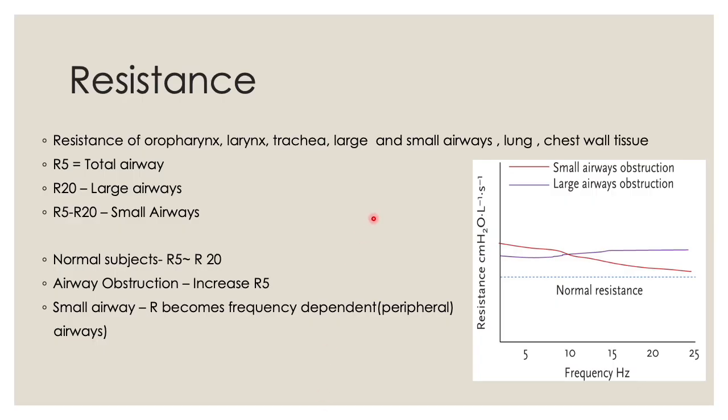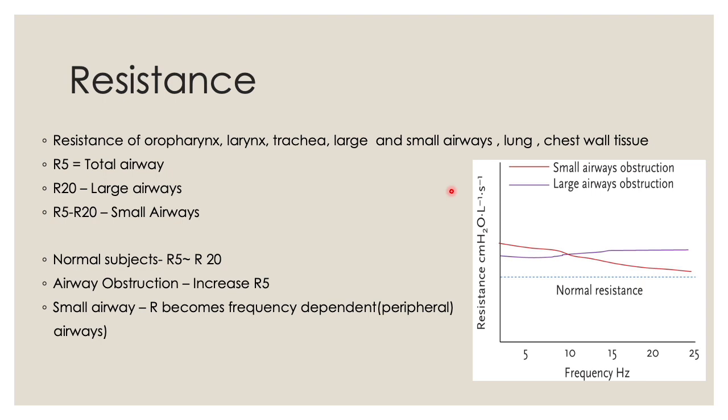Coming to the values, coming to the terminology, the first terminology that we must remember is resistance. And as I've already spoken about, resistance is the resistance to the impulse. Now this resistance may be in the respiratory tract, in the trachea, in the large airways, in the small airways, or in the lung or the chest wall tissue.